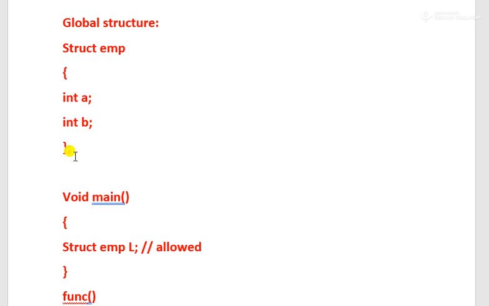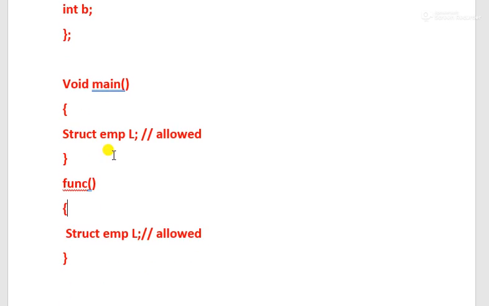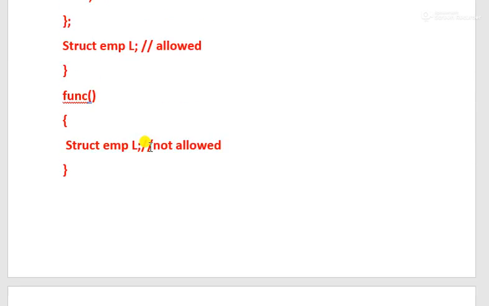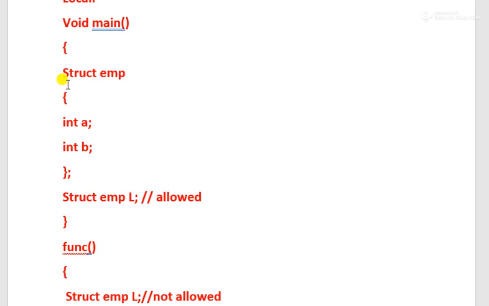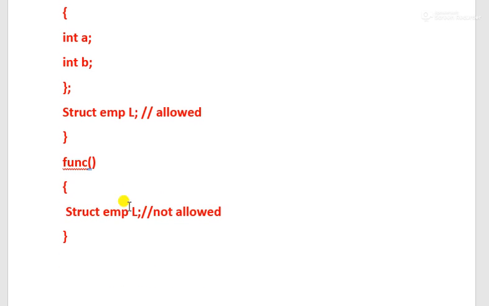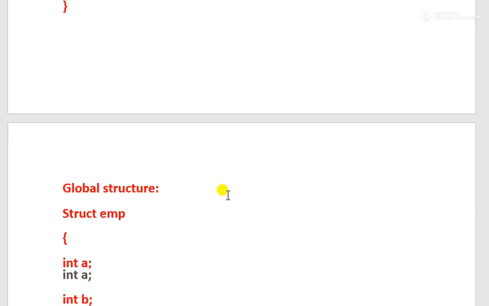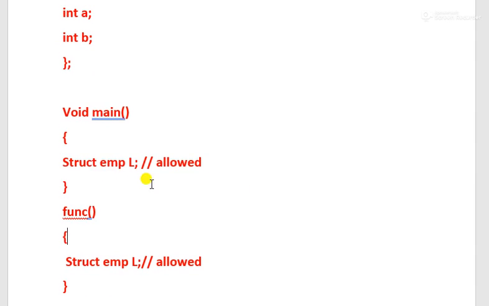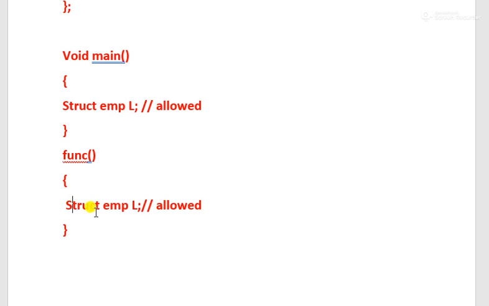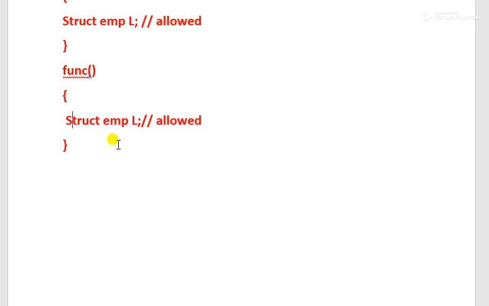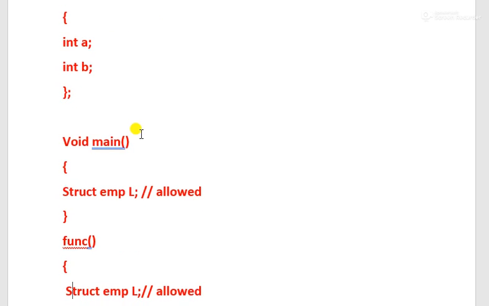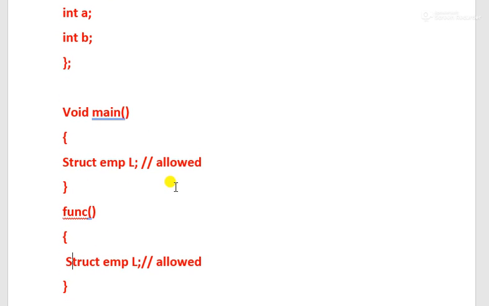From outside of the function you cannot access it. A local structure cannot be accessed outside of the main function. But a global structure we can access from everywhere, from main and from other functions. So these are the differences between local and global structure.